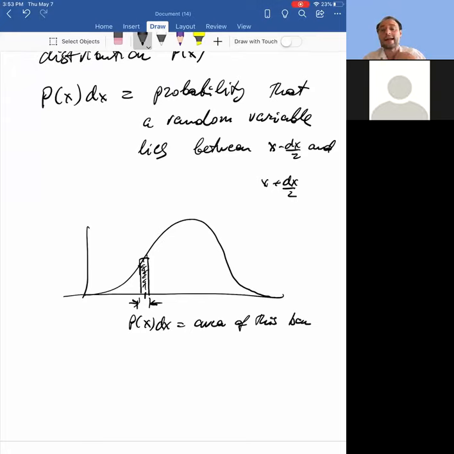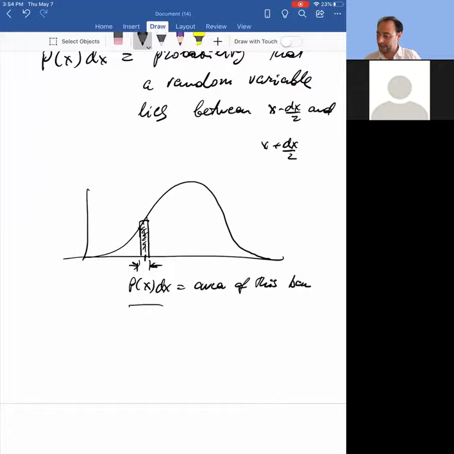So therefore, it makes no sense to ask for the probability of landing at a particular location. It's 0. You can ask, what is the probability of landing within a small range of x around that x? That's a meaningful question. The answer is P of x times dx.